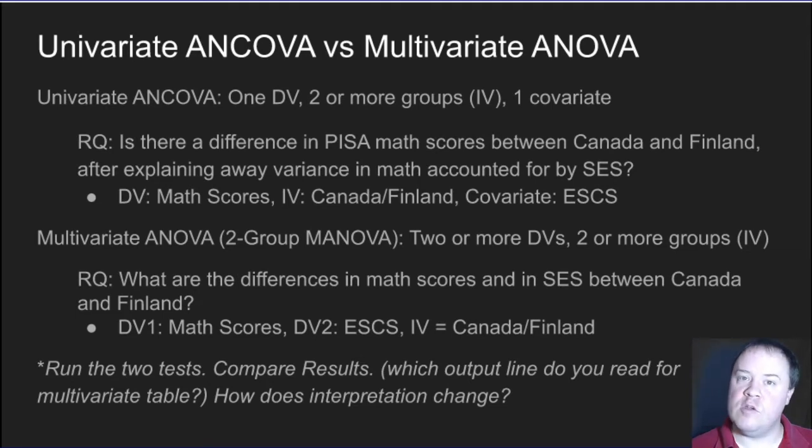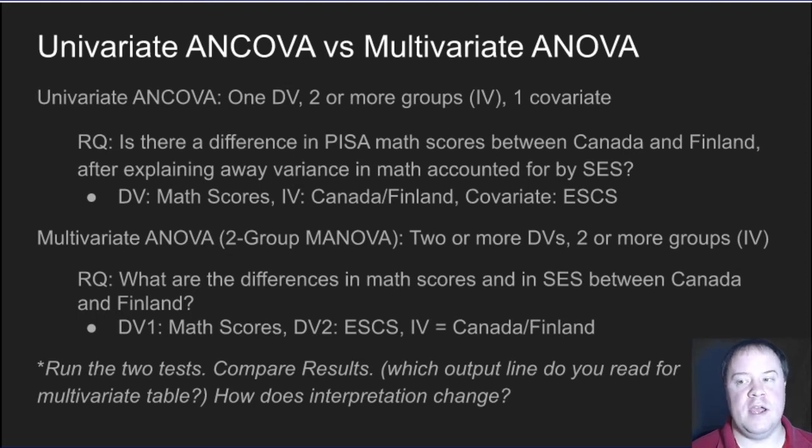And the research question might look something like this: Is there a difference in PISA mathematics scores between Canada and Finland after explaining away variance in math accounted for by SES? In this case, the dependent score would be PV1 math.